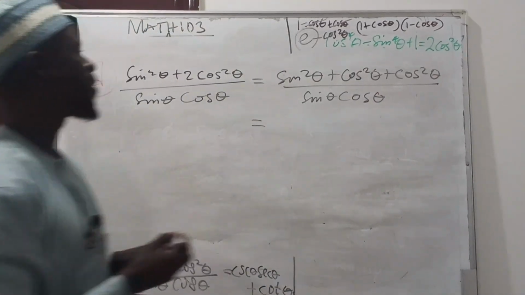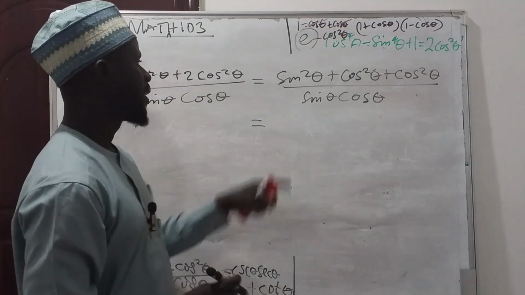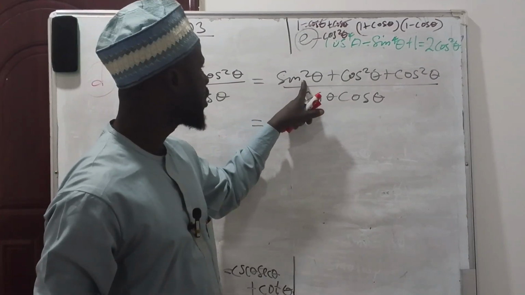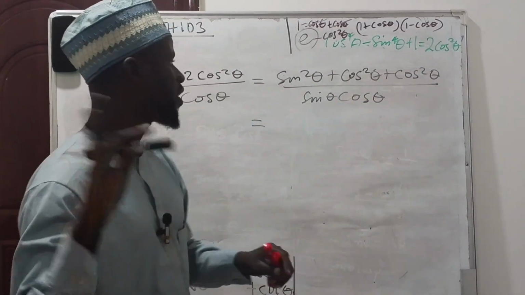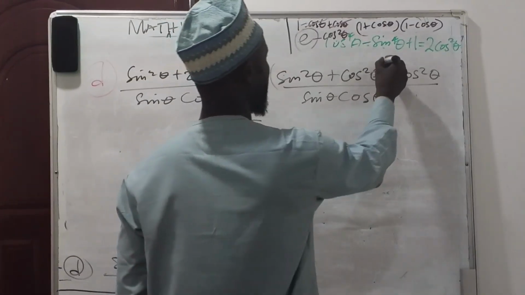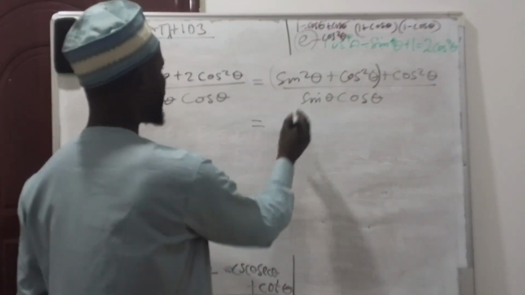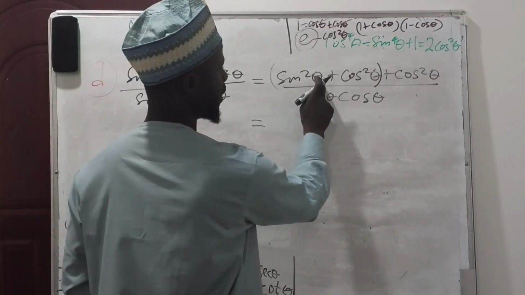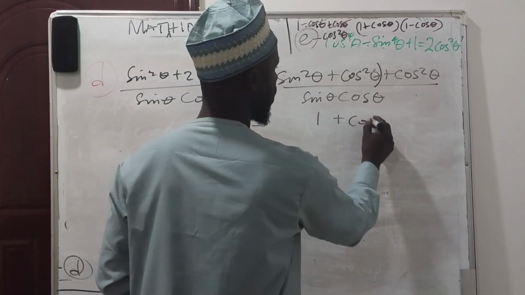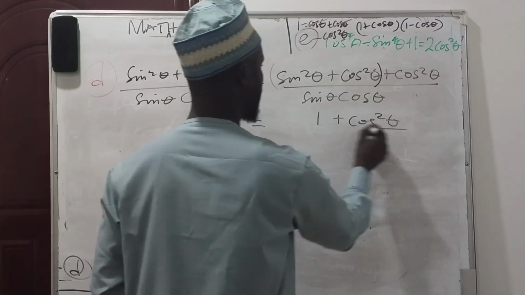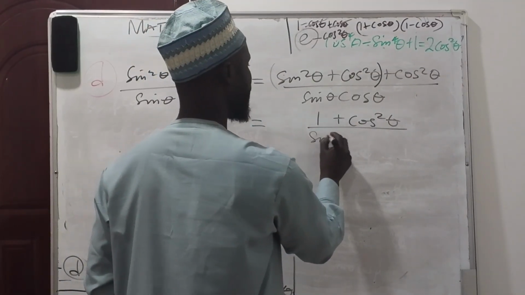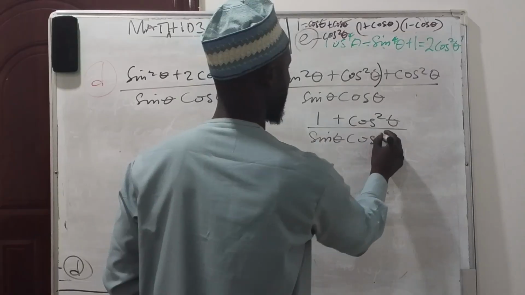But remember from the Pythagorean identity that sine square theta plus cos square theta is equal to 1. So I have 1 plus cos square theta over sine theta cos theta.